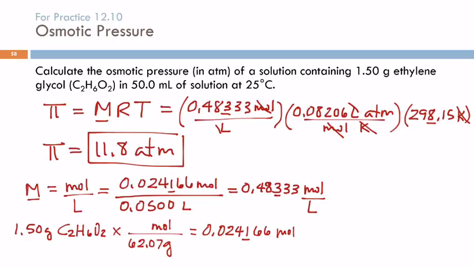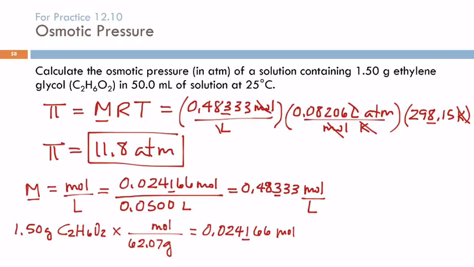It's a good question. Is this a high pressure? Yeah. Almost 12 atmospheres is a really, really high pressure. I wouldn't want to be around a container that had 12 atmospheres of pressure on it.